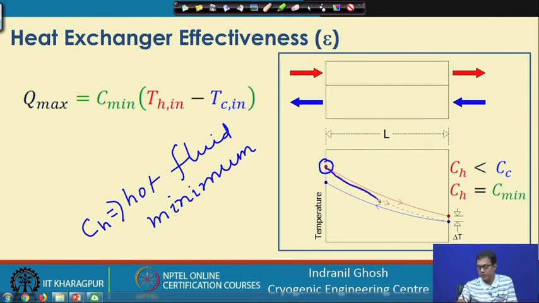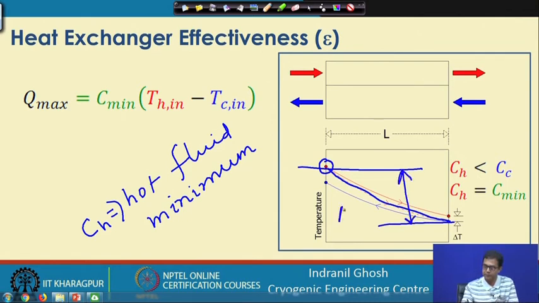It will come down to the lowest temperature, that means it will have the maximum difference in temperature, delta T max. So, here also the maximum difference in temperature is occurring with the minimum capacity fluid.